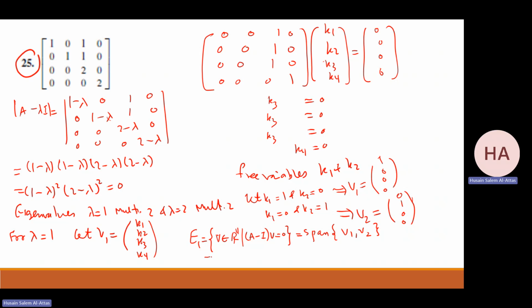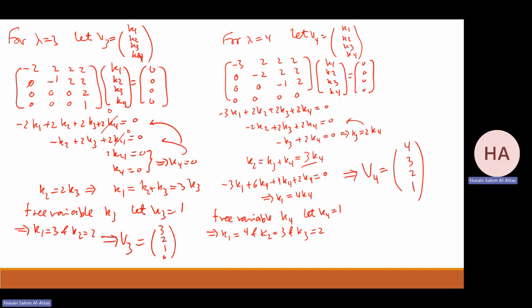This I can write as alpha V1 plus beta V2, where alpha and beta are real. So I have 2 dimensions with bases V1, V2.